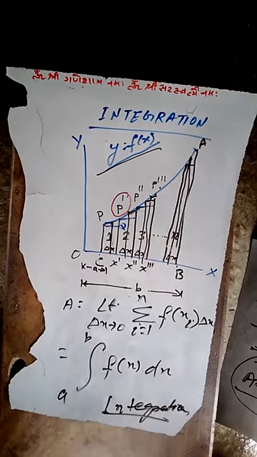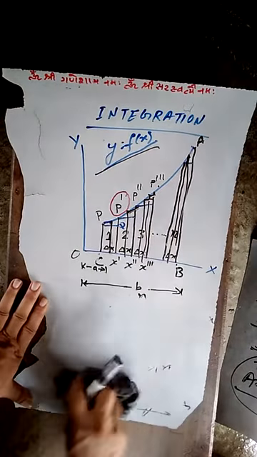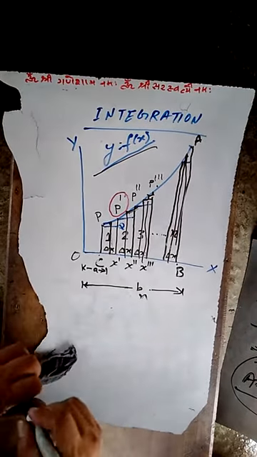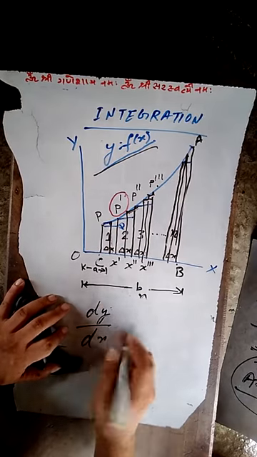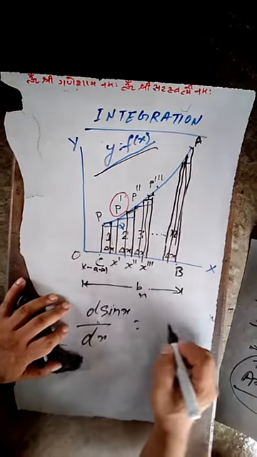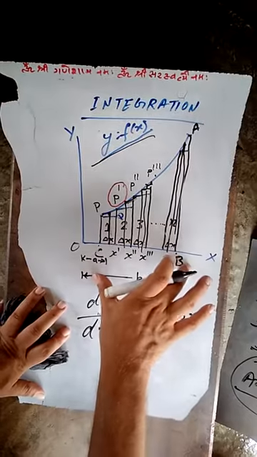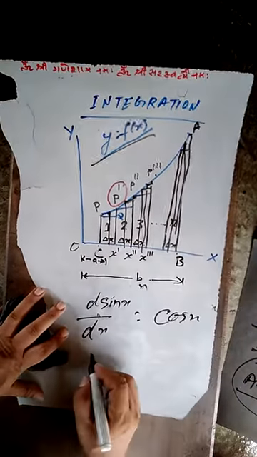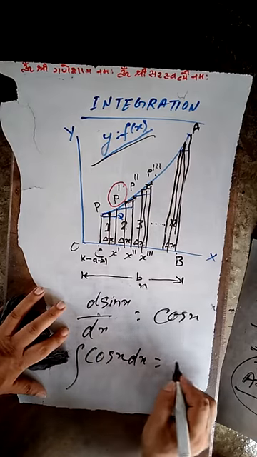For example, we have studied that the differentiation of sin x is cos x. So dy by dx, where y is sin x, its differentiation is cos x. Integration is the inverse process, so if you integrate cos x with dx, you will get sin x.